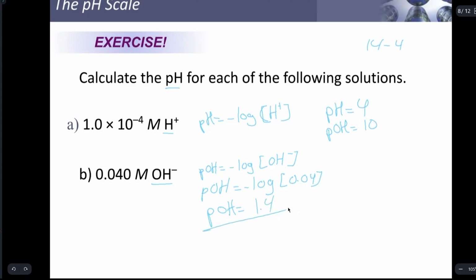But we got the pOH value and we want the pH value in this question. So what we do is we subtract 1.4 from 14, and we will get that the pH value is equal to 12.6.